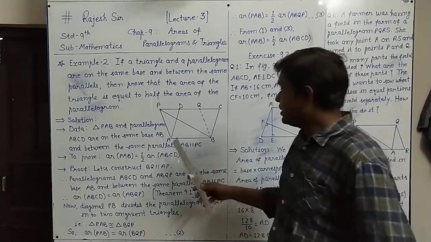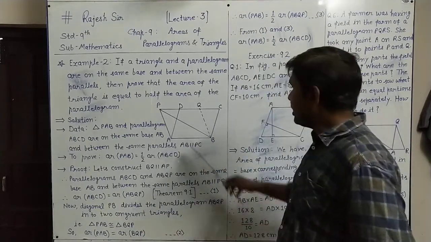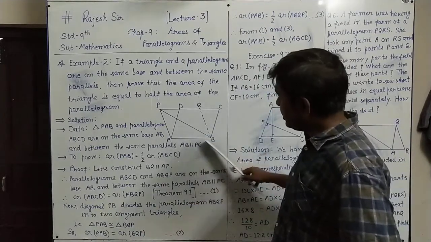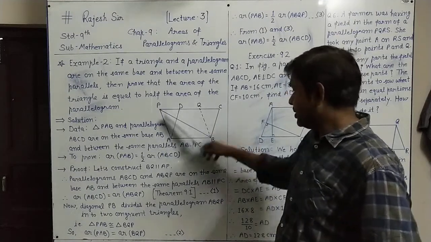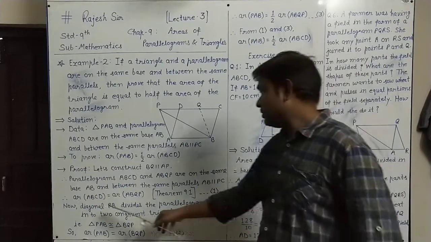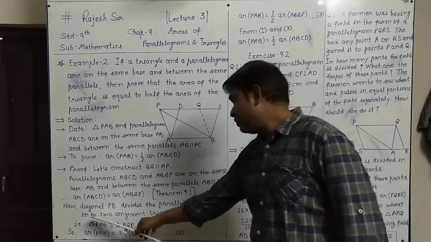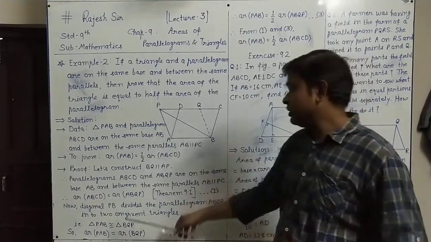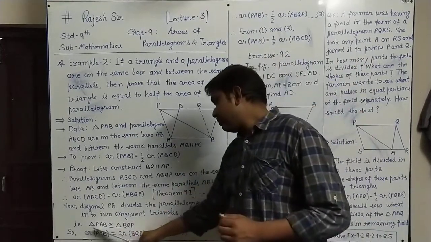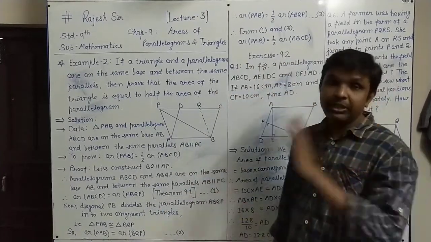So here you can see the diagonal PB divides the parallelogram ABQP into two congruent triangles, PAB and BQP. So we have triangle PAB congruent to triangle BQP, by the theorem of chapter 8.